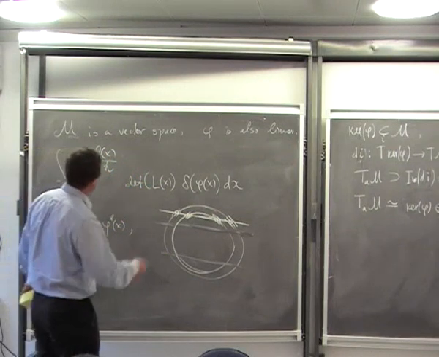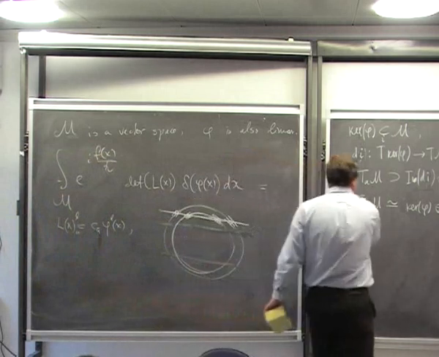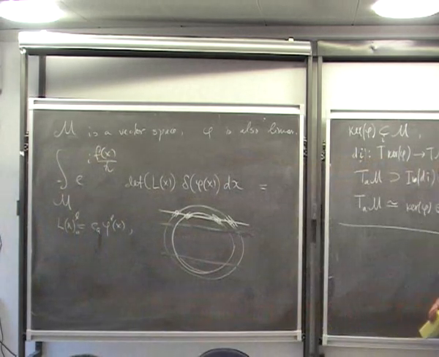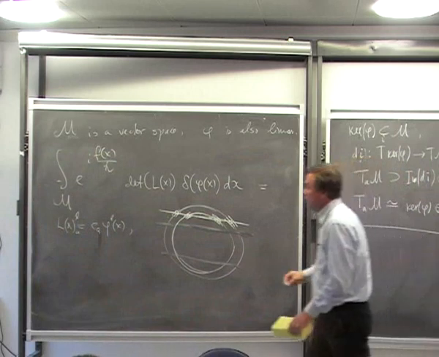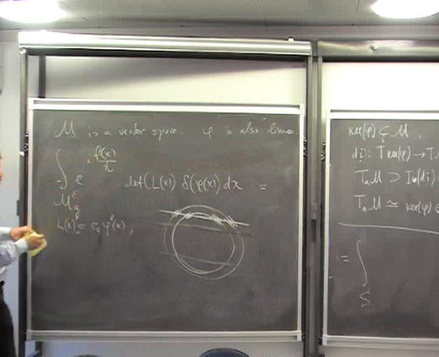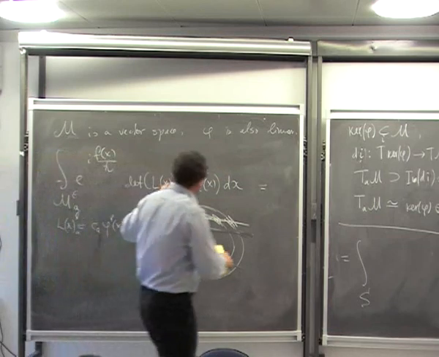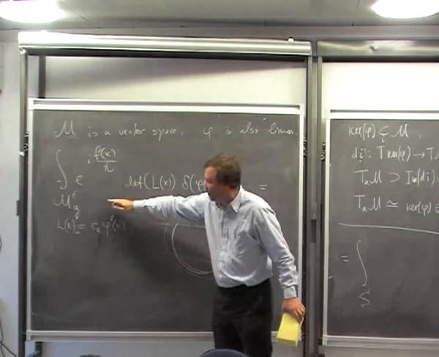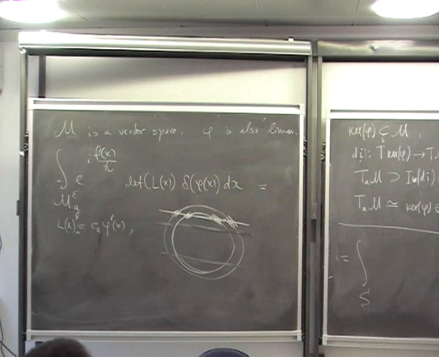So, wait. I want to write this as the integral over, so now let's say, I'm talking about the integral over the epsilon neighborhood of the critical point A of function f.